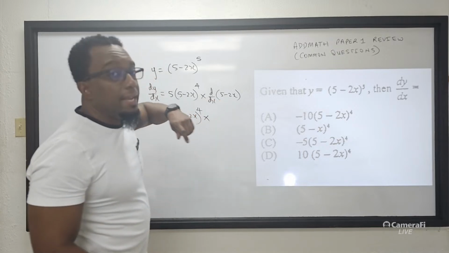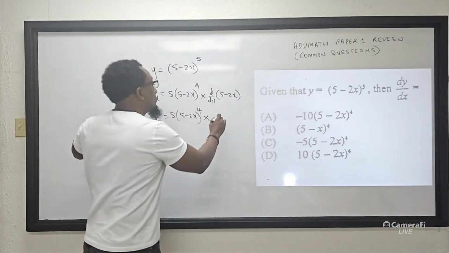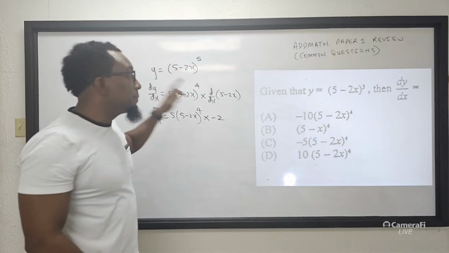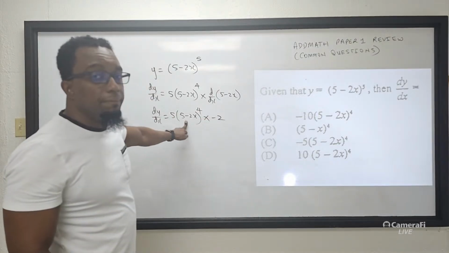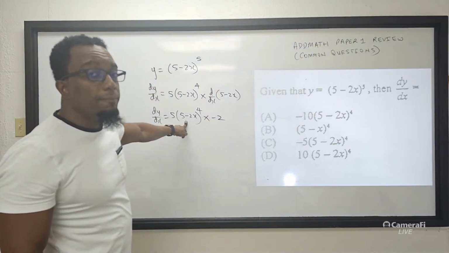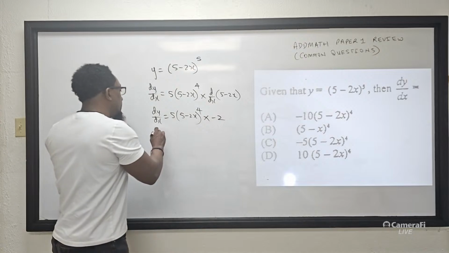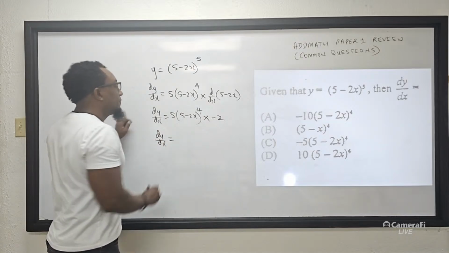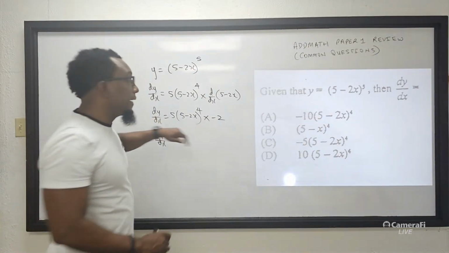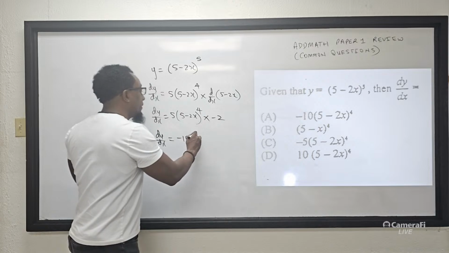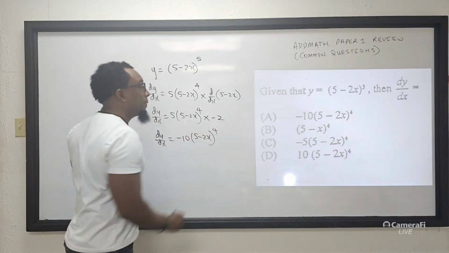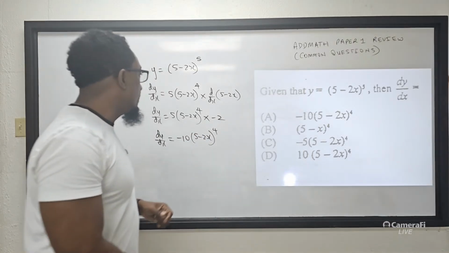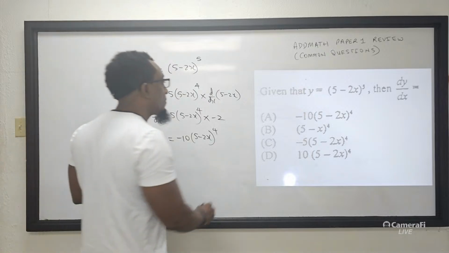The differential of negative 2x will be negative 2. And you can multiply negative 2 by 5 into 5 minus 2x to the power of 4, which will give you dy over dx, 5 by negative 2 is negative 10 into 5 minus 2x to the power of 4. Whose answer there is E.